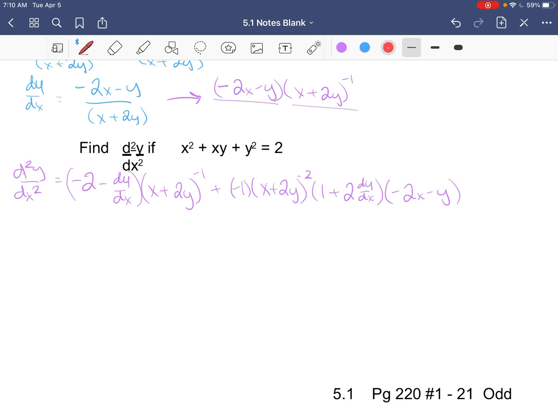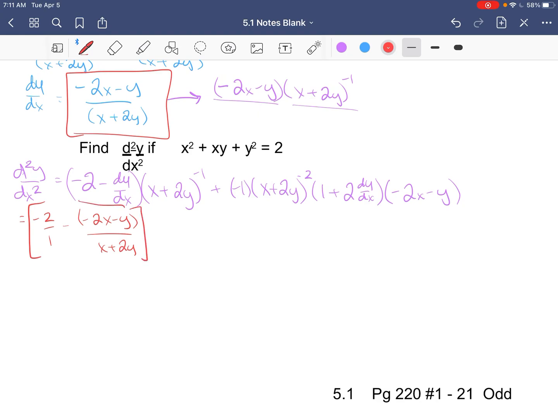So let's put in what we know dy/dx really is. We've got negative 2 over 1, subtract our negative 2x minus y all over x plus 2y. So that was that first set of brackets. We've got times x plus 2y to the power of negative 1.